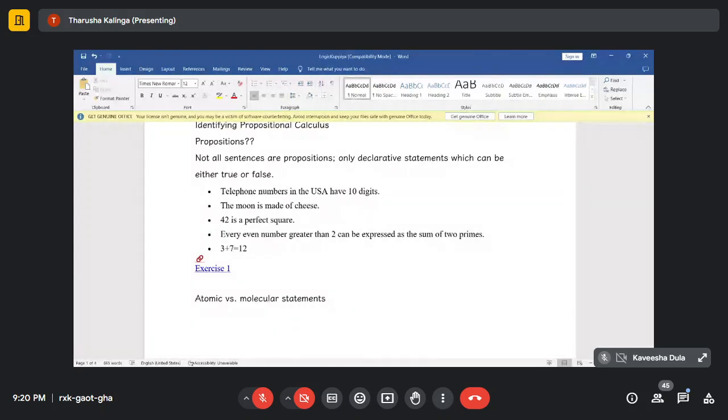Is anybody there to tell me whether this is a proposition, and why? Because of what can you say that this is a proposition? Telephone numbers in the USA have 10 digits.